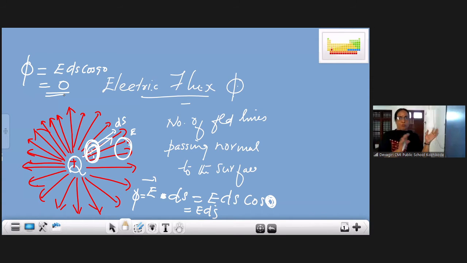Any other value depends on theta: the minimum value will be 0 and the maximum value will be E ds. Please keep these things in your mind: what is electric flux and how to calculate it, when it becomes maximum, and what are the ways of increasing or decreasing electric flux. I hope you got it.